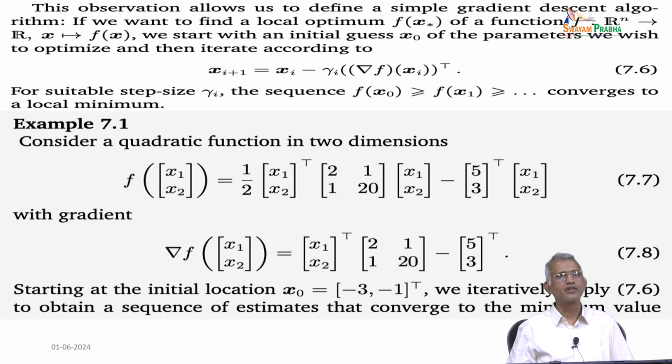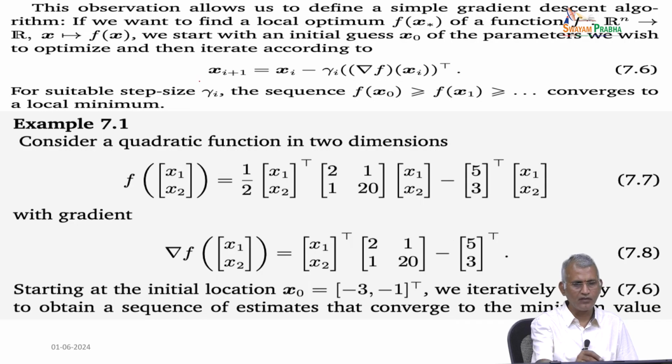From this observation, we define a simple gradient descent algorithm for f from R n to R. You take the x value and the corresponding f of x, then by an iterative process, x suffix i plus 1 equals xi minus nu i times the gradient of f of xi, whole power transpose.